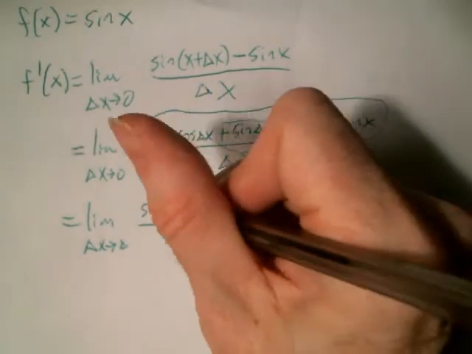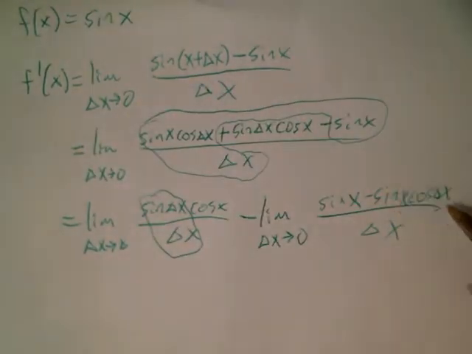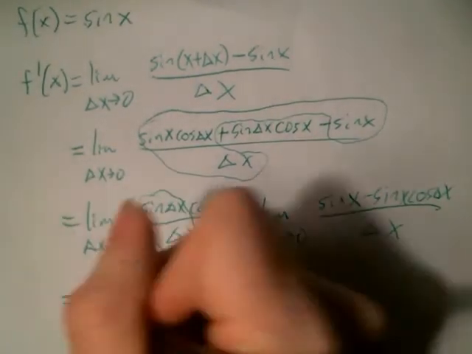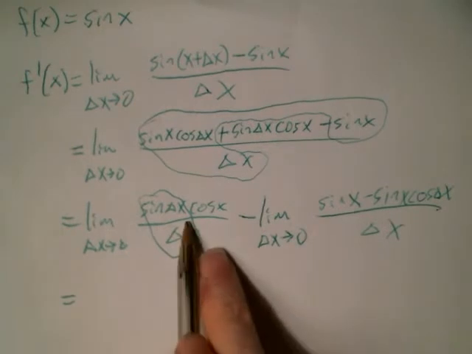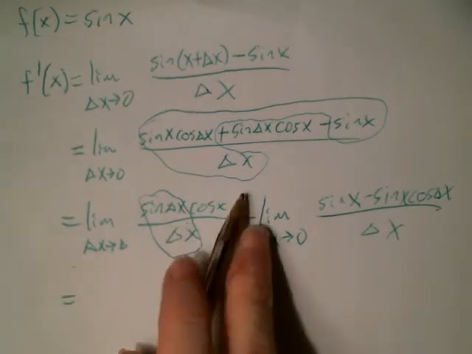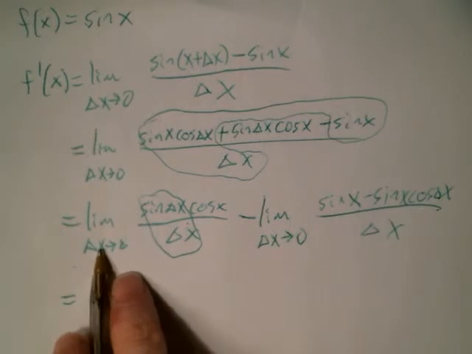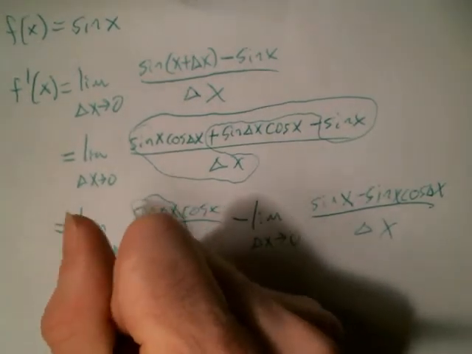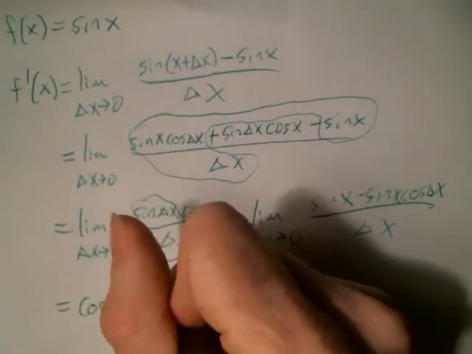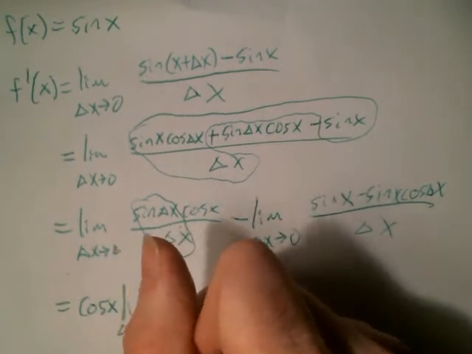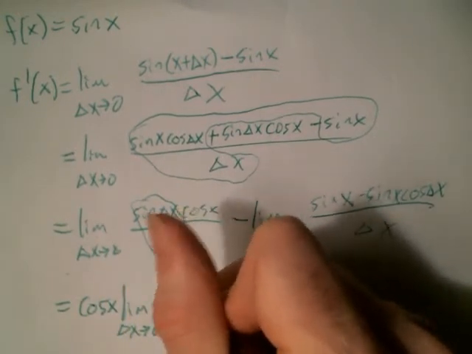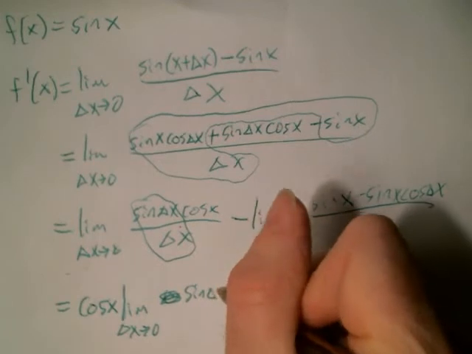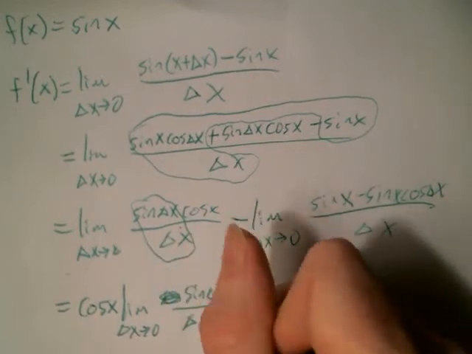Okay, and then I can see the parts that I need to work with. So I'll factor out a cosine x, and you can factor this out of the limit because cosine x is not dependent on change in x. It's like a constant. Okay? So I have cosine x times the limit as change in x goes to 0 of sine change in x all over change in x.